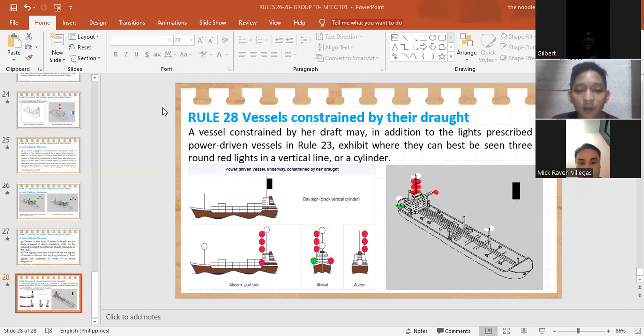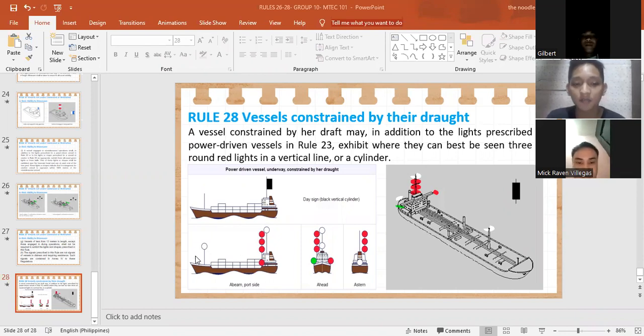So for a vessel constrained by her draft, in daylight we could see a cylinder. If it is night, the lights are visible to us. As Villegas said, we have a masthead light. If abeam, we see all four all-round red lights.